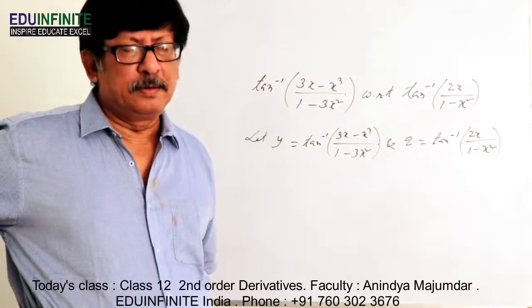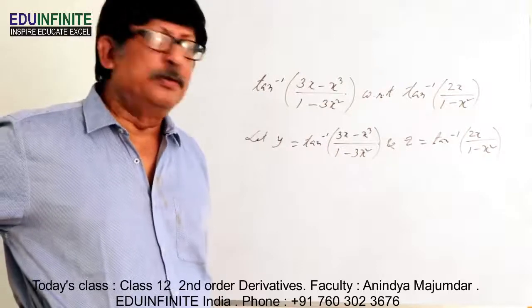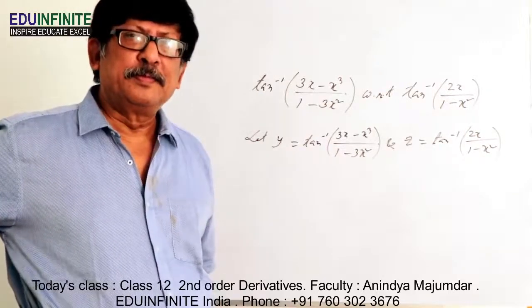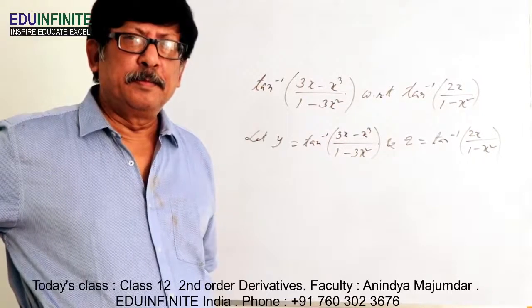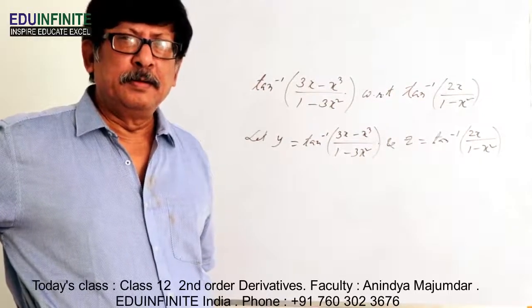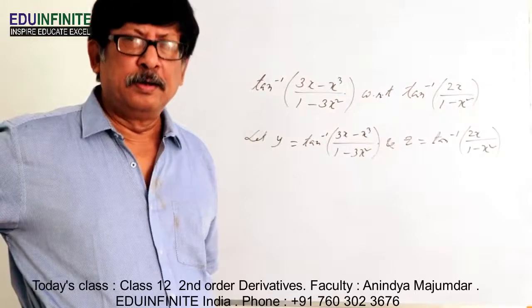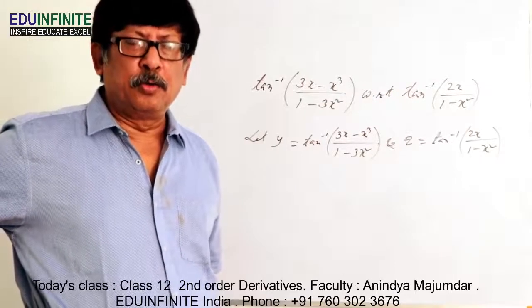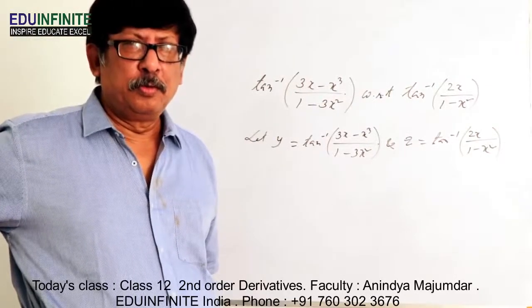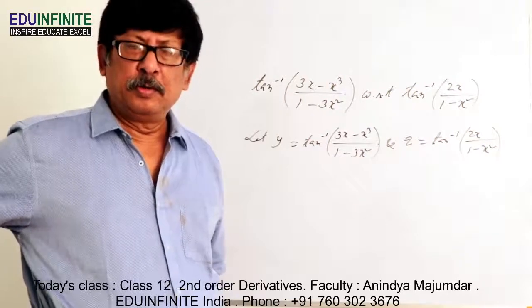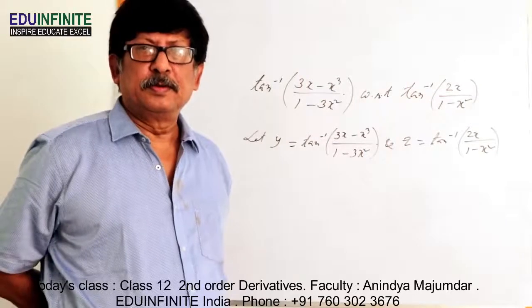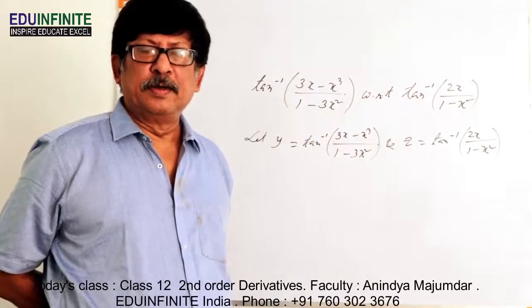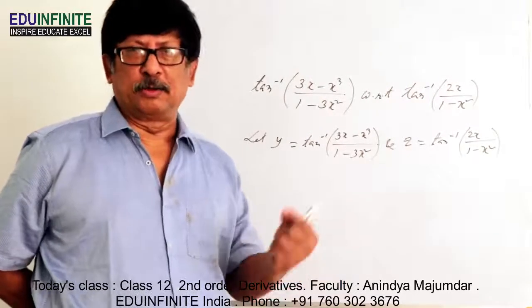And z is equal to tan inverse 2x by 1 minus x square, so we can do x equals to tan theta again. Then that will become tan 2 theta. So z will be equal to 2 theta. First we will do dy d theta, then dz d theta, and then divide them. Very good.